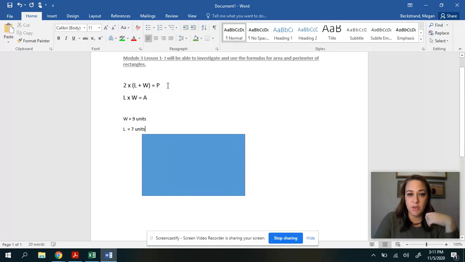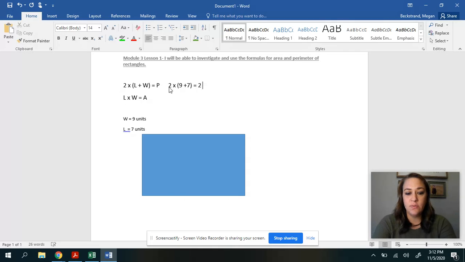Okay, so I'm going to come back up here to my formulas, and I'm going to fill it in. So I'm going to take 2 times 9 plus 7. Remember, we do whatever is inside the parentheses first. So 9 plus 7 gives me 16.